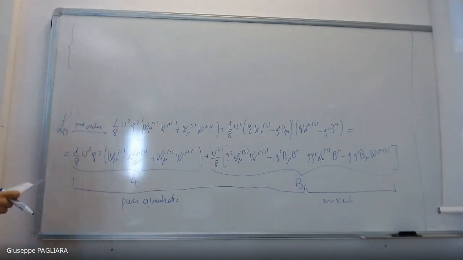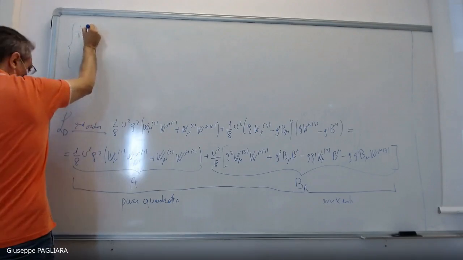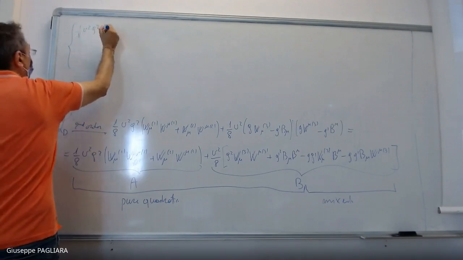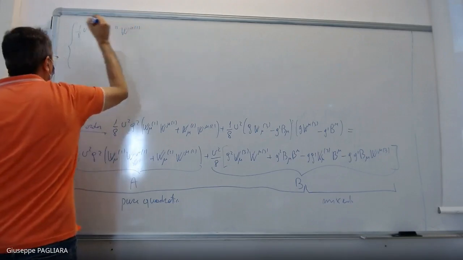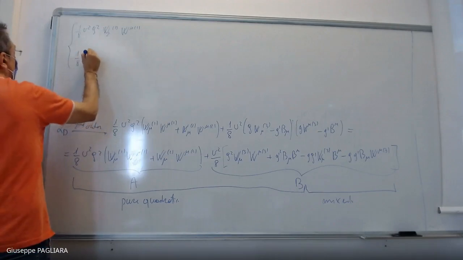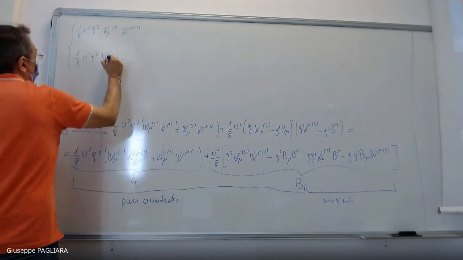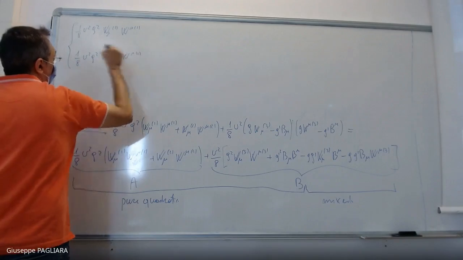So for the W1, we have 1/8 v squared W1 W1. And for the W2, we have essentially the same: 1/8 v squared W2 W2. Right?